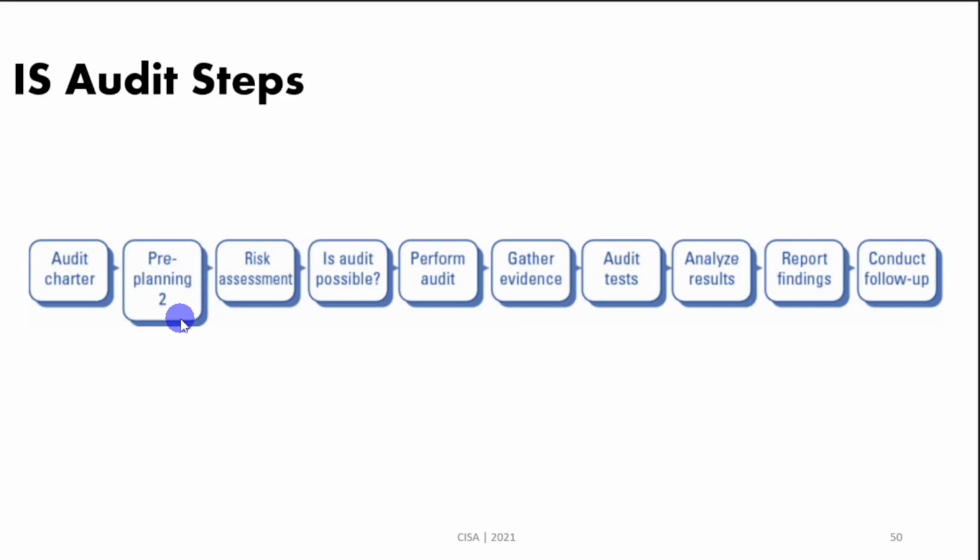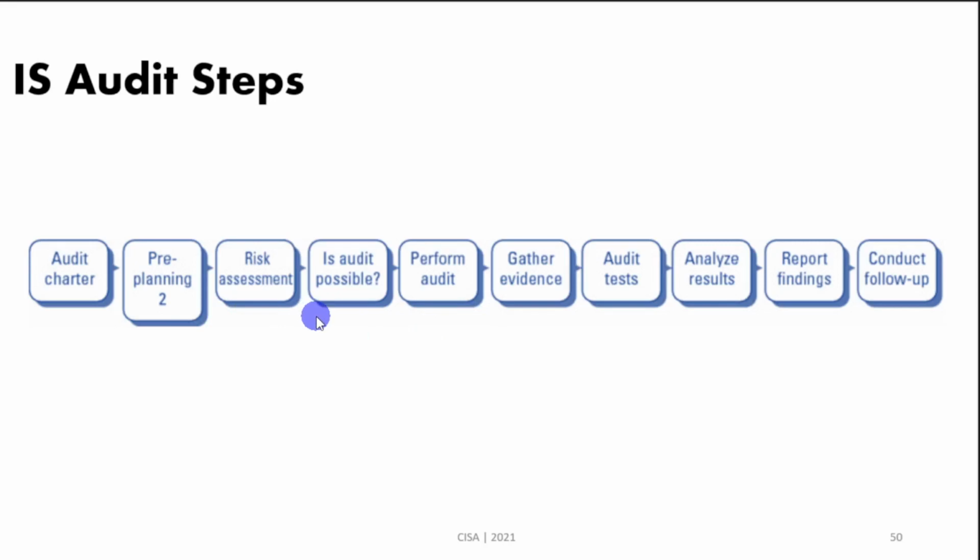Risk assessment helps you identify the highest areas of risk in your organization, so you can categorize them into high, medium and low risk areas, and you will probably select the highest risk area in order to do your audit on it. Based on the risk assessment result, you will understand whether the audit is possible or not.